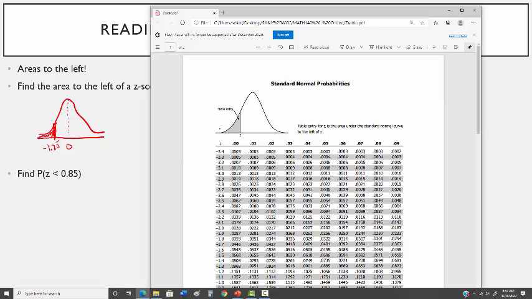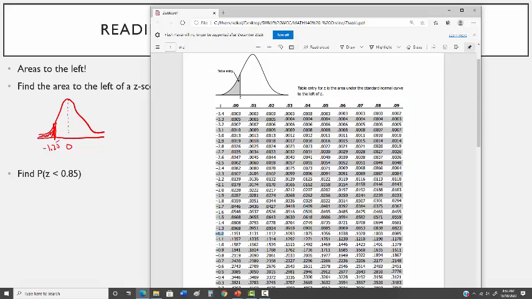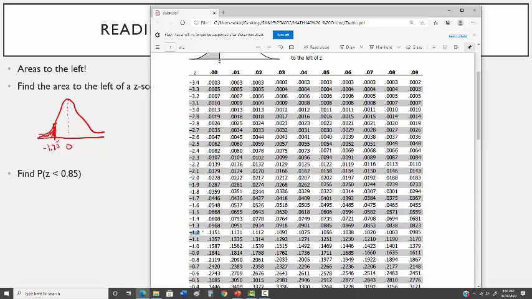It's incredibly straightforward. You're going to need a column value and a row value, okay? The column value is the first two digits. So the first two digits here are negative 1.2. So I'm going to scroll down on my table until I find negative 1.2 right there. Okay, negative 1.2. Then my row value here is the last digit. You see how it's a 5 here?